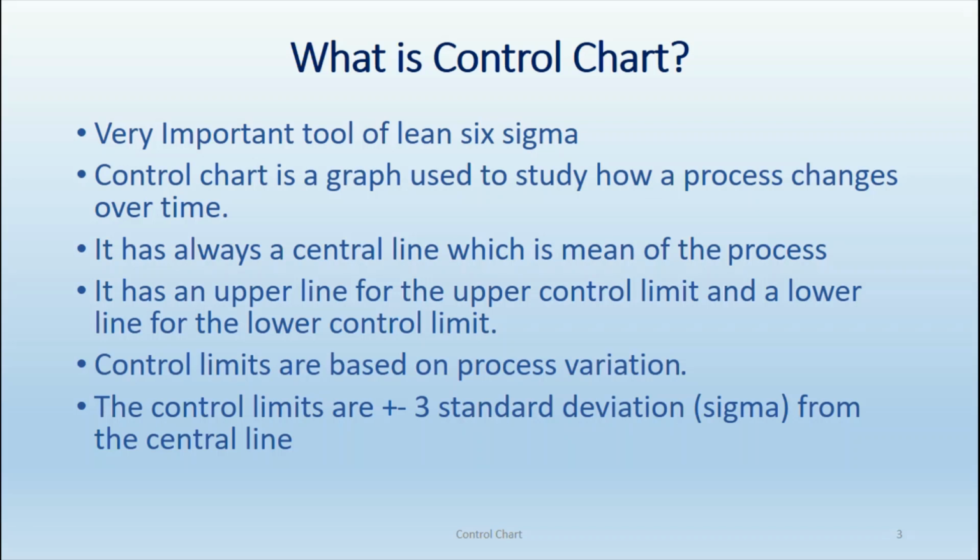It has an upper line for the upper control limit and a lower line for the lower control limit. Control limits are based on process variation or the process data. The control limits are plus minus 3 standard deviation from the process mean or the central line.